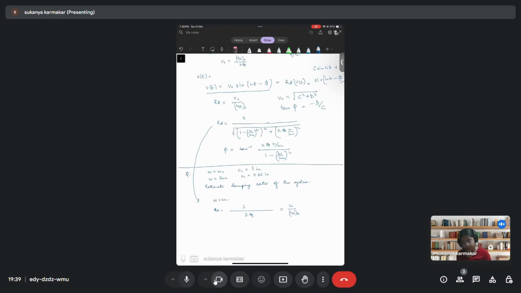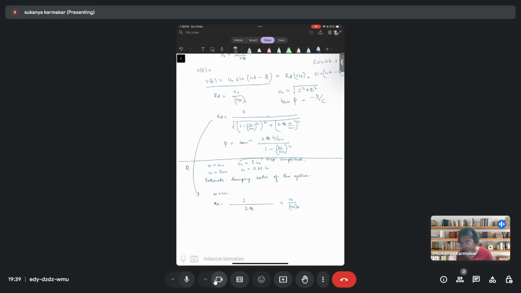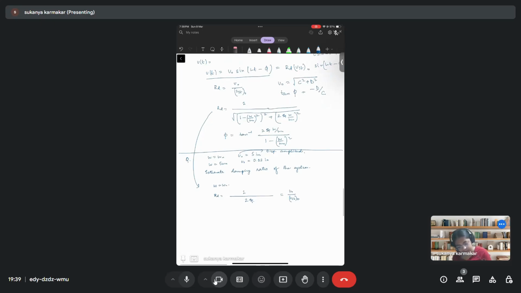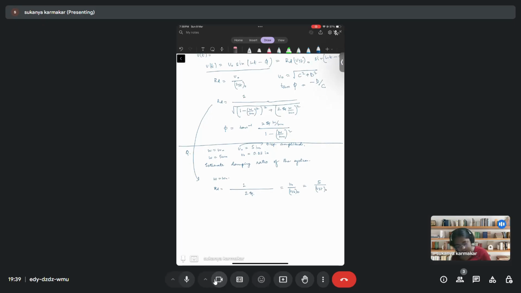It is given that u naught is the displacement amplitude, which is 5. ust naught is not known. So from here you have one equation that ust naught by 2 zeta is equal to 5.